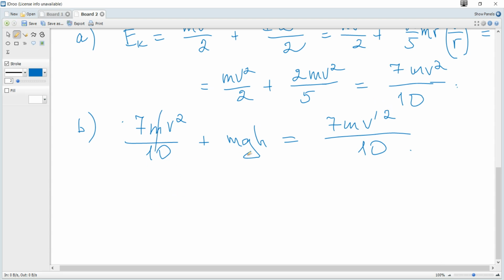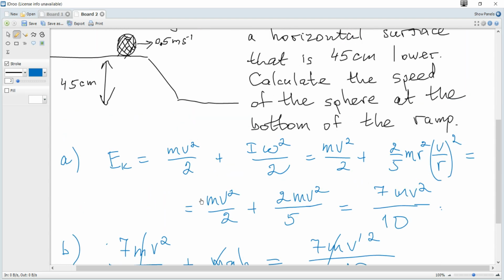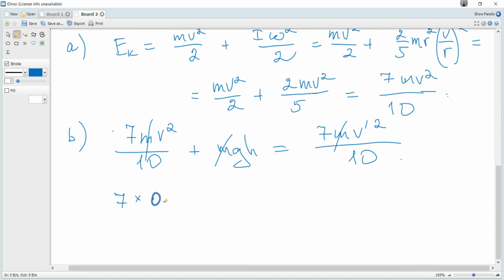You can see that m cancels, and we can multiply by 10. So it becomes 7 times v prime squared equals 0.5 squared, which is 0.25, plus 9.81 times 0.5.